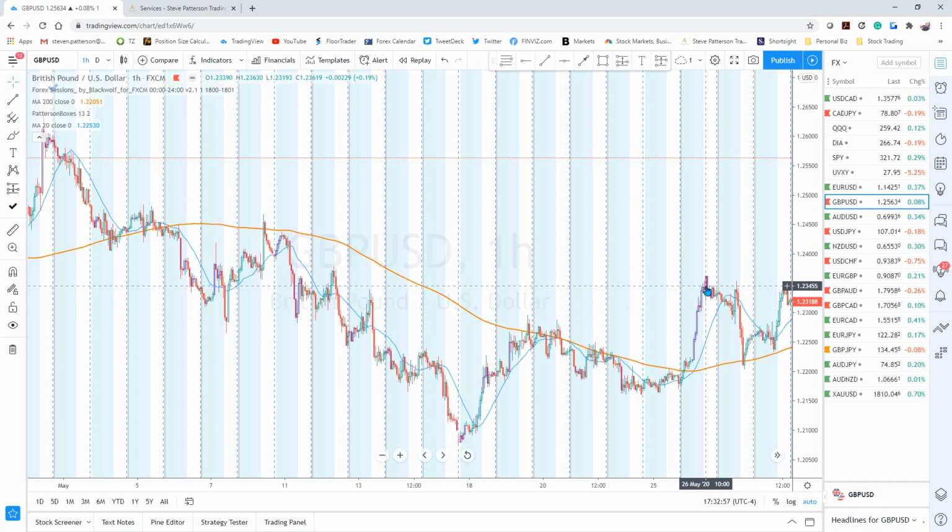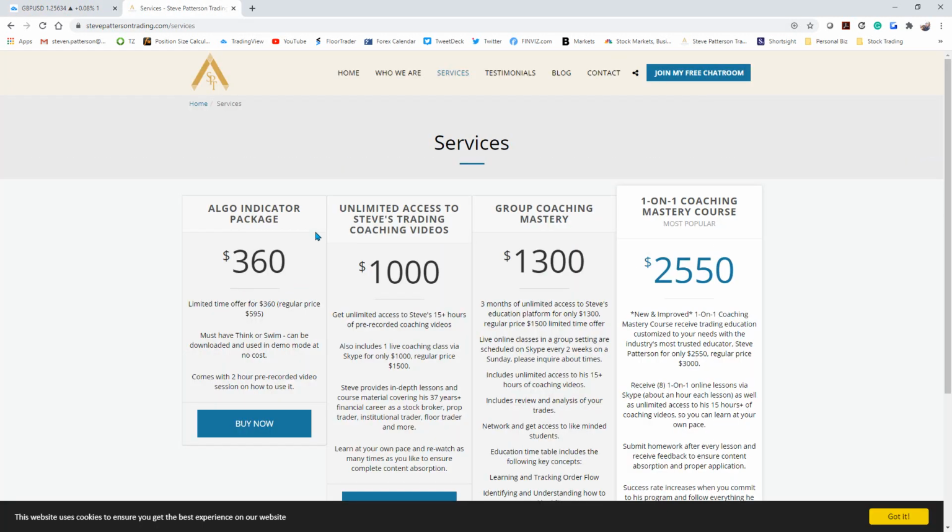But I wanted to showcase this to you, hopefully to give you something that if you cannot afford my full coaching, the algo indicator package is absolutely brilliant. And if you just want to swing trade, use 1 hour or daily charts, the algo is really great.